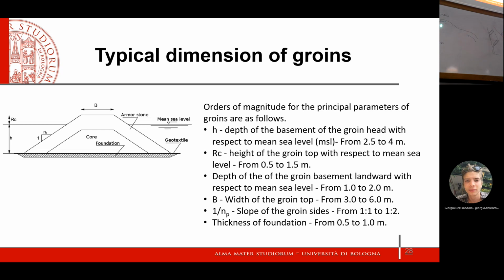What the authority may recommend is: I want to see in the lab a small-scale model of the coastline with and without the presence of your proposed intervention, and then you run a wave generator in the pool in the lab, and you get a simulation of what's going to happen. But this is required only for big solutions, only for very complex structures.